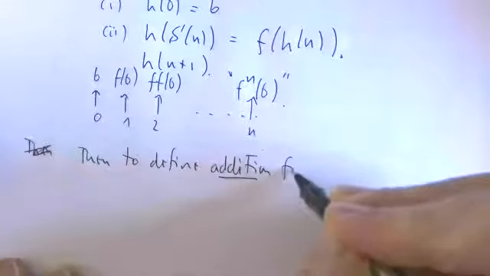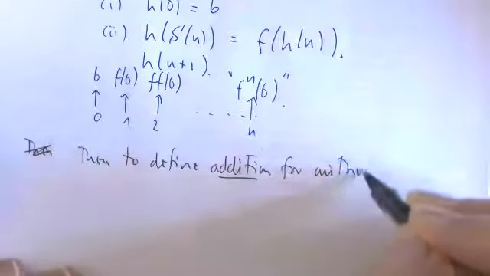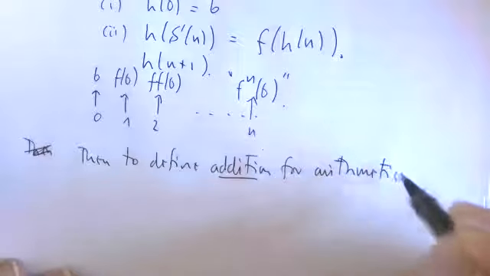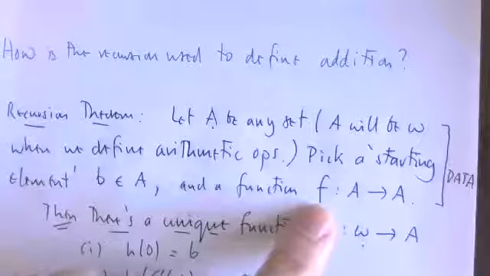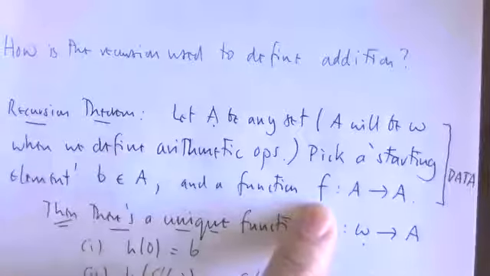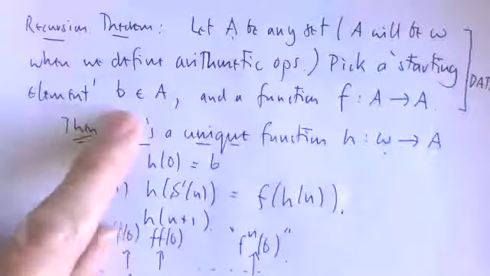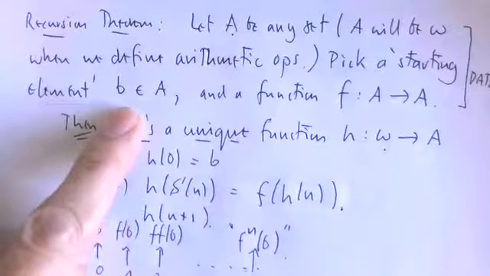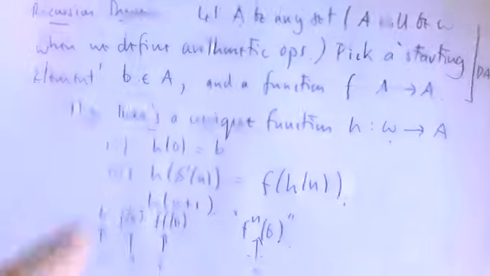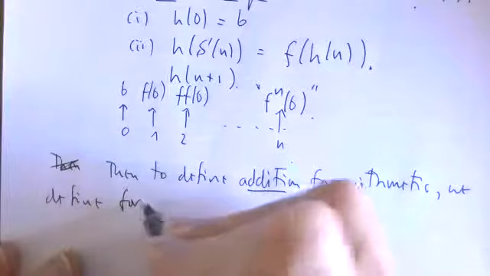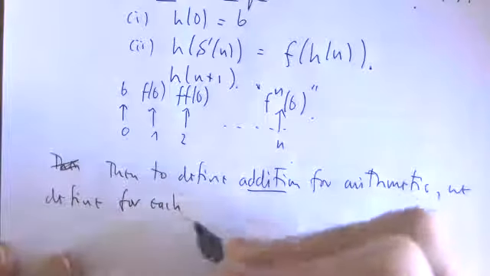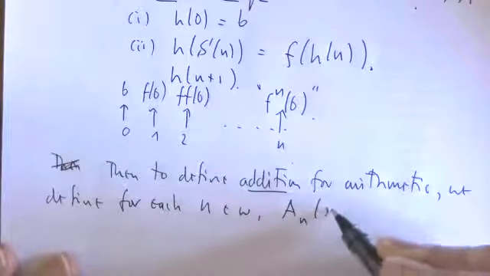Then to define addition for arithmetic, we will take A to be omega, f will be the successor function itself, and our starting object will be the number that we're starting our addition from. We define for each n in omega this function a_n of x.